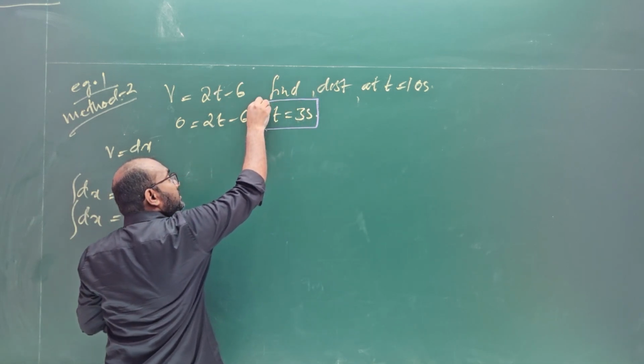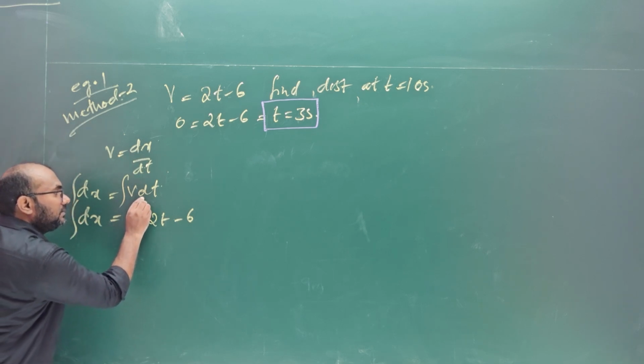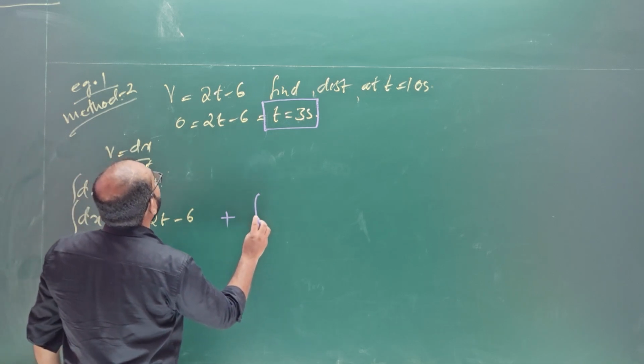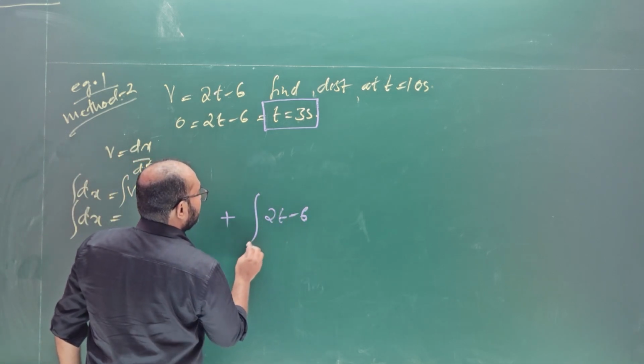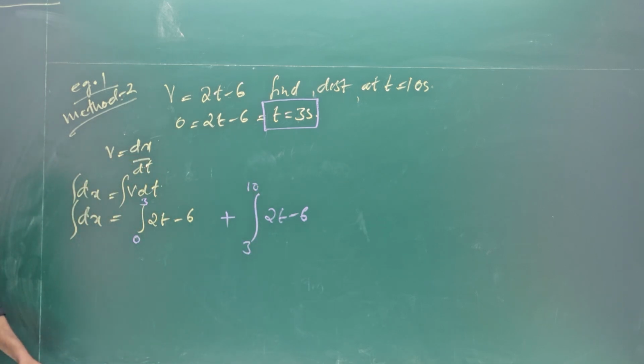This is very important. So 0 to 3, then 3 to 10, or 3 to whatever the value is given. So 0 to 3 plus integrating 2t minus 6 from 3 to 10, or from any time to any time, whatever the time is given.